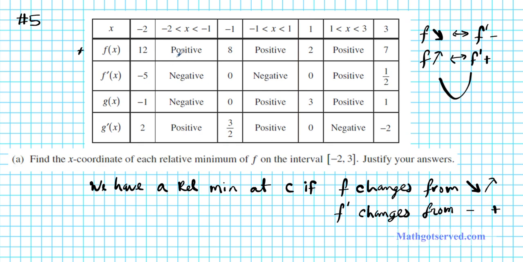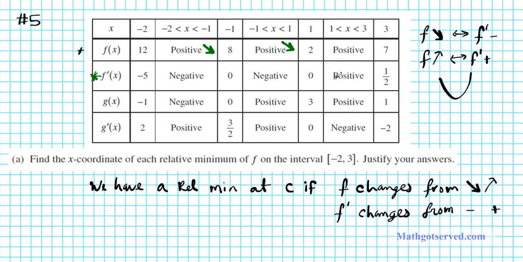We do not know what the graph looks like here, so we do not know where it's increasing or decreasing. But what we do have is the information about the derivative, the first derivative, and that is sufficient to help us describe the behavior of the graph of the function f. So if f prime is negative here, that means f is decreasing.